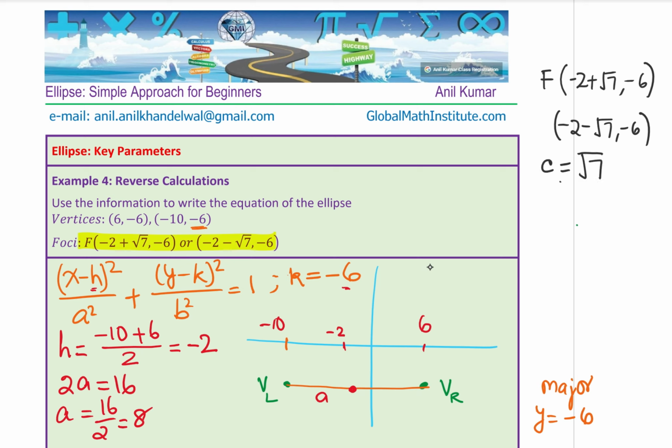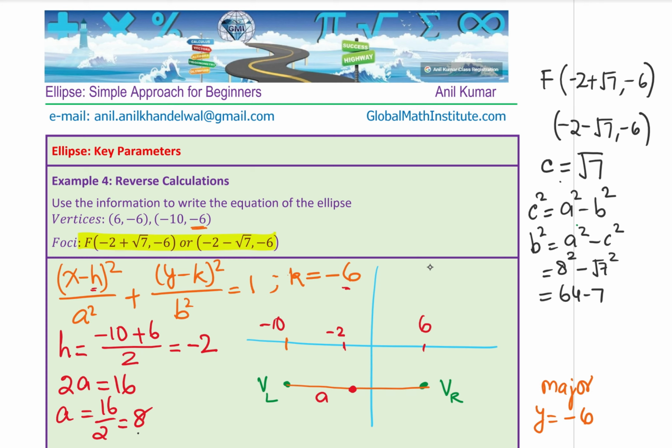And what is c? Well, c square is the difference of a square and b square. So that means b square should be equal to a square minus c square. In this case, we found the value of a as 8, so a square is 8 square, and c square is square root of 7 square. So we get 64 minus 7.